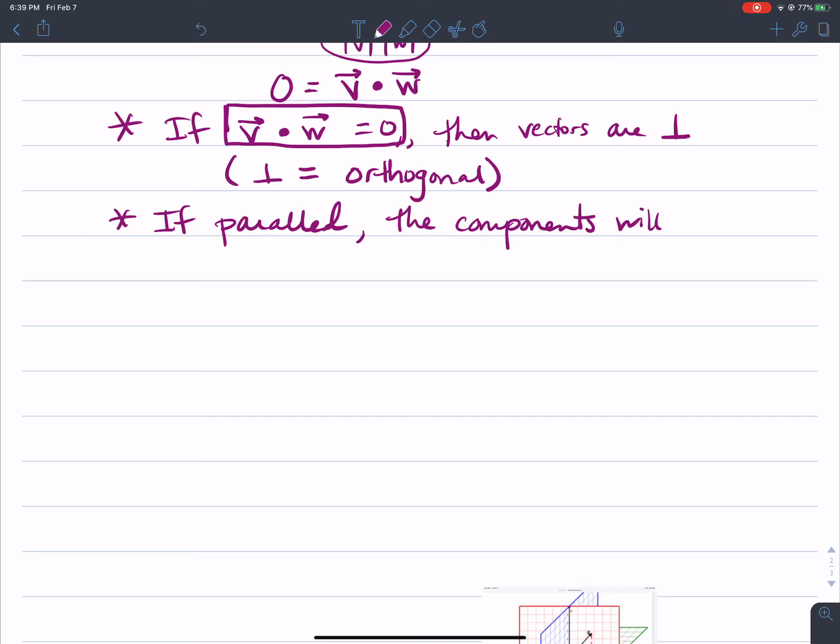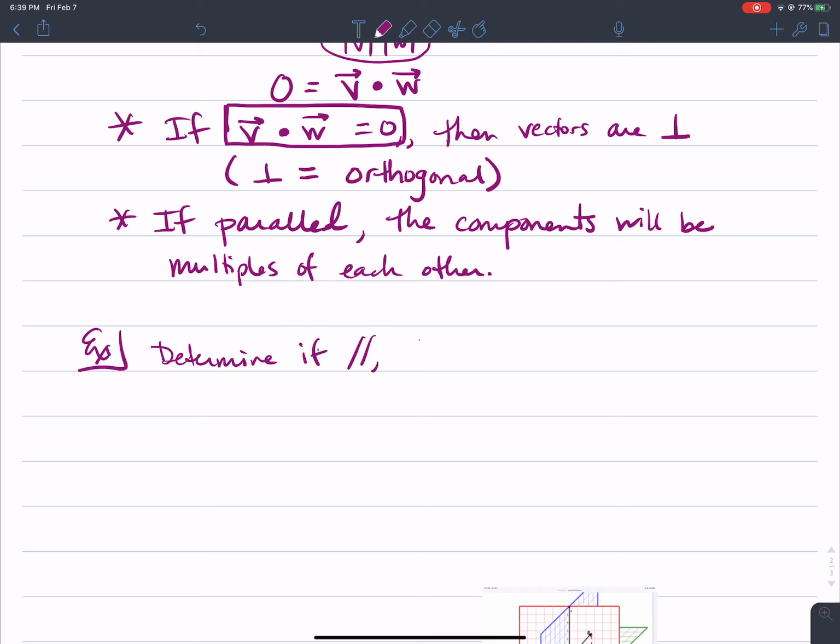If they're parallel, the components will be multiples of each other. Okay, so as an example, determine if parallel, perpendicular, or neither.